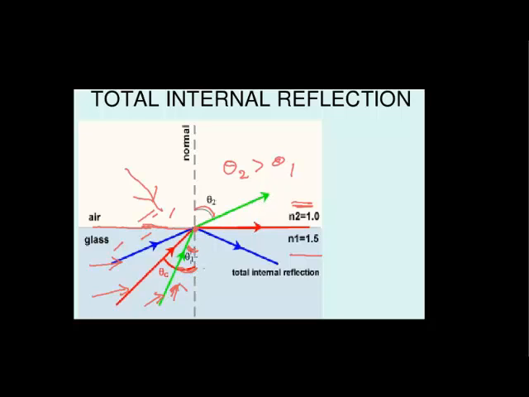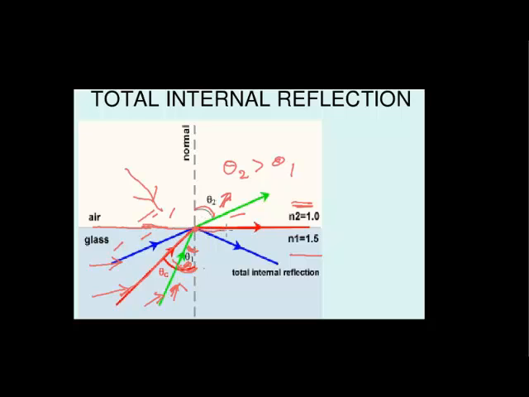And it is clear that if we increase the value of theta 1, the value of theta 2 will also increase. So when we keep on increasing the value of theta 1, the value of theta 2 will also increase, and at a particular value of theta 1, what will happen?